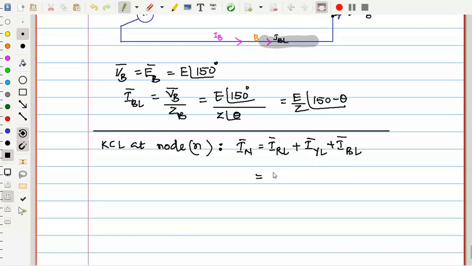You will get one interesting conclusion. So all magnitudes are same. If you want, you take your own time and write down later on. I'll directly write this. E by Z is the magnitude for every current. I'll take that common. What is left is 1 at an angle of 0 minus theta, plus 1 at an angle of minus 120 minus theta. Next, plus 1 at an angle of 150 minus theta.